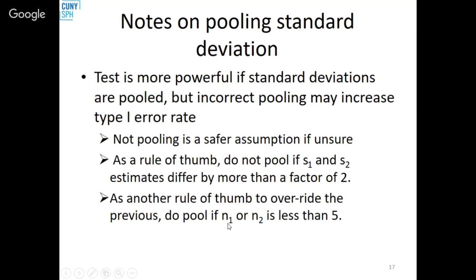So if you have very unbalanced groups with one very small group, you probably need to pool your standard deviations. That is assuming that it is reasonable to do so. If you know in advance that this is a violation, that in the population the standard deviations must be different, then you don't pool because you know you're violating an assumption by pooling.